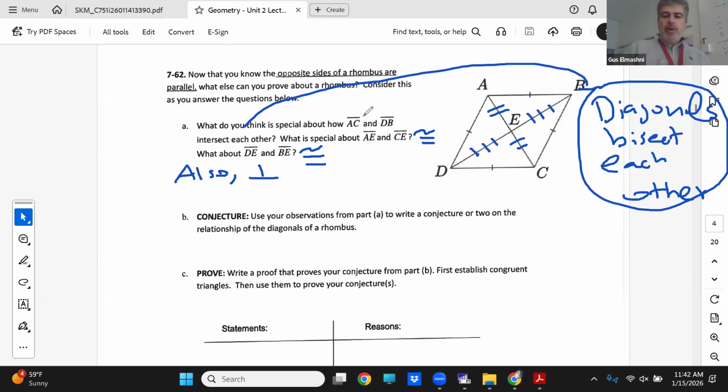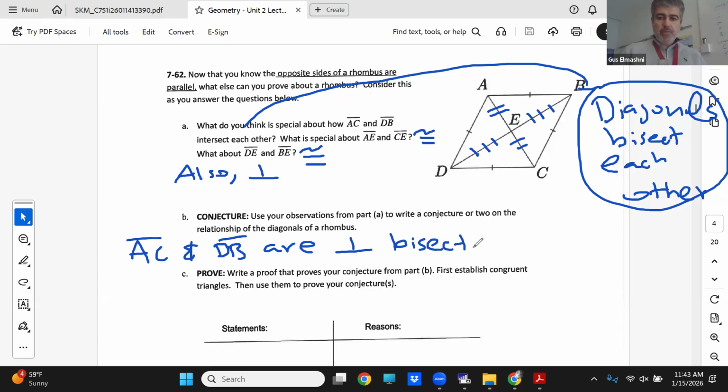Use your observation in part A to write a conjecture on the relationship. So we're going to say AC and DB are perpendicular bisectors of each other.